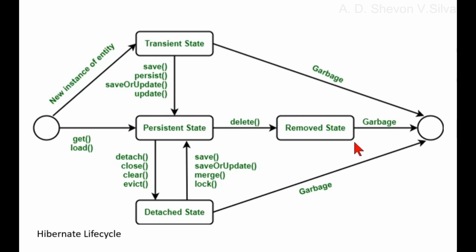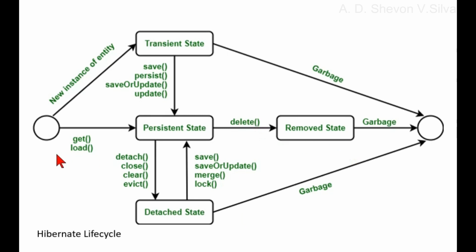It is done by calling the delete operation. As the entity object is in the removed state, any change done in the data will not affect the database table. Note, to make a removed entity object, we will call the session.delete method.